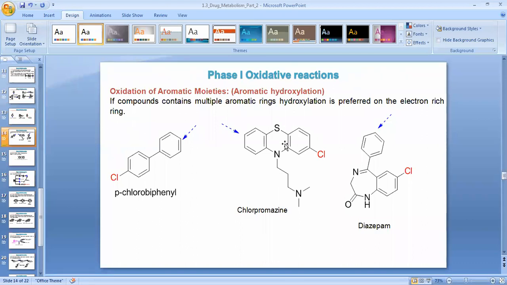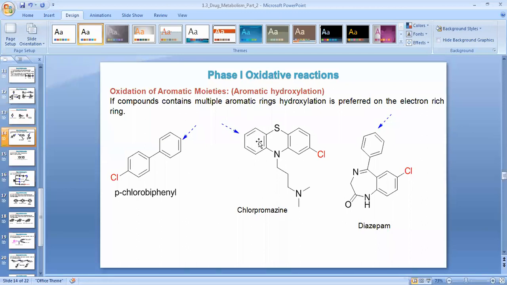The drug molecule which is used in the treatment of psychotic disorders is chlorpromazine. Now, what happens in the case of chlorpromazine? The chlorpromazine drug molecule also has multiple aromatic rings. But out of these, which ring is rich in electron? Now we know the presence of a double bond is nothing but a continuous pi cloud of electrons.